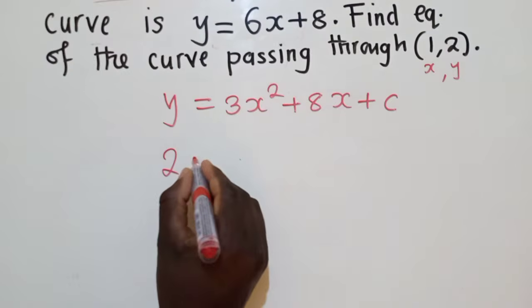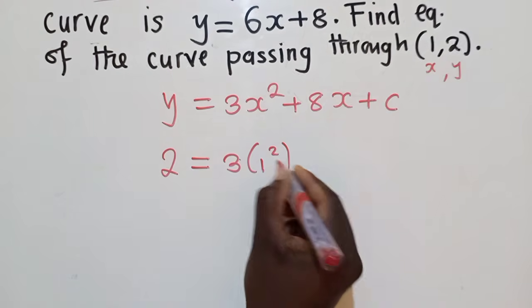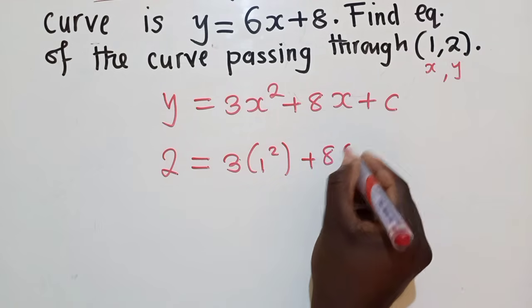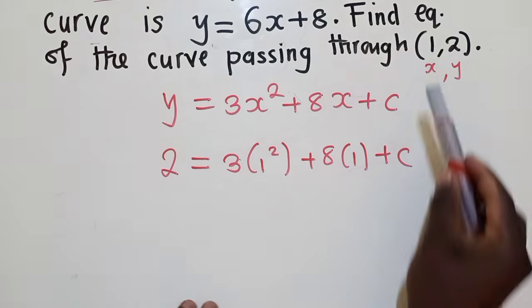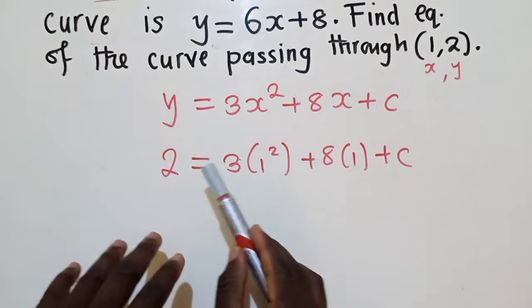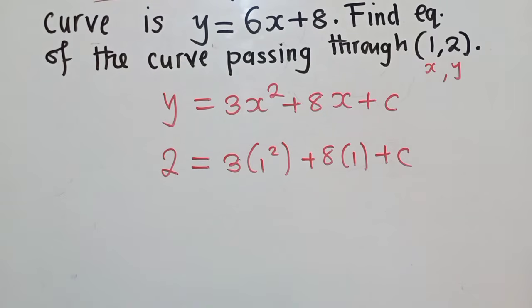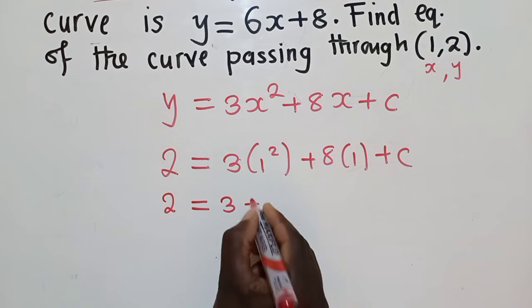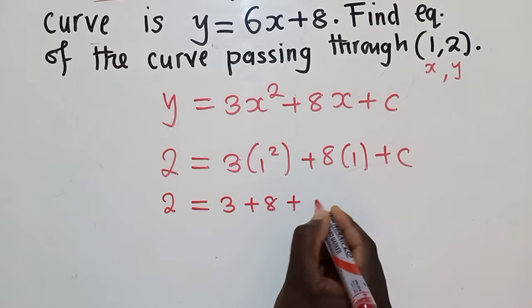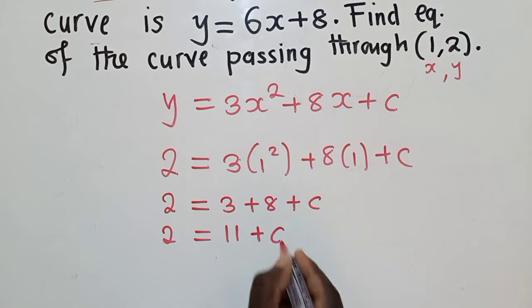So 2 is equal to 3 times 1 power 2 plus 8 times 1 plus c. I've just gotten these values and plugged them in this equation because I want to solve for c. So this will give me 2 is equal to 3 plus 8 plus c. This is 2 is equal to 11 plus c.